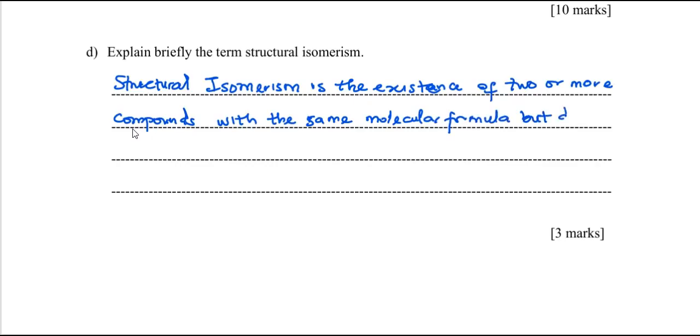Structural isomerism is the existence of two or more compounds with the same molecular formula but different structural arrangements of atoms.